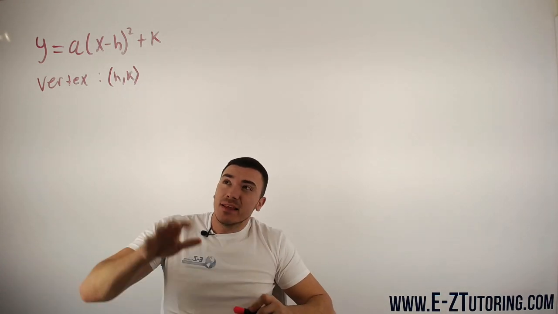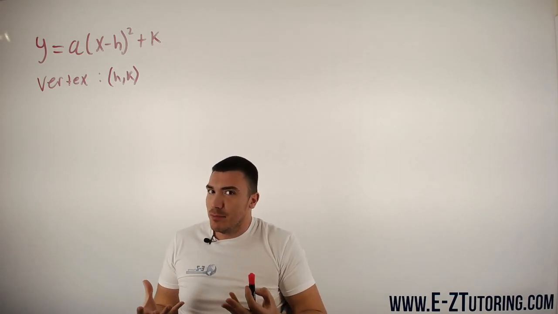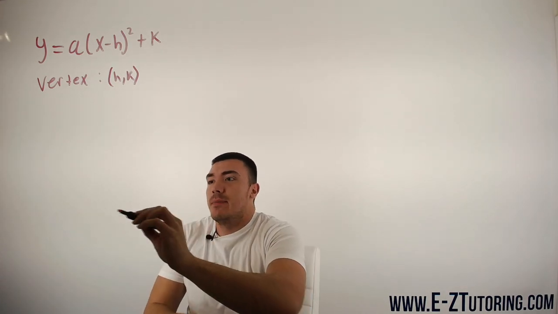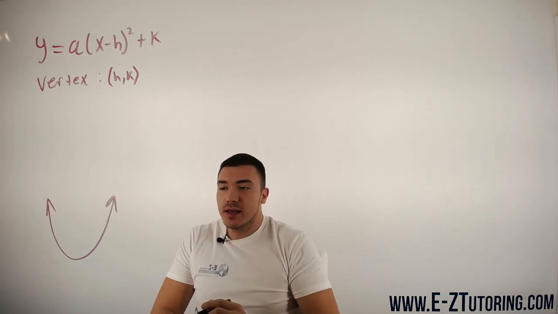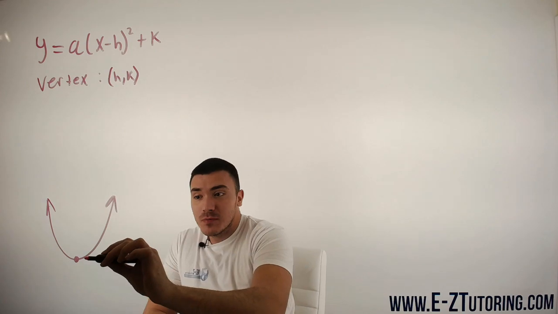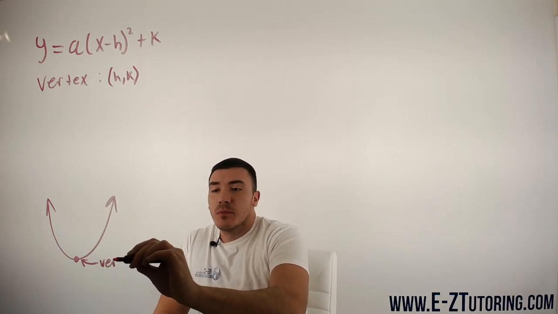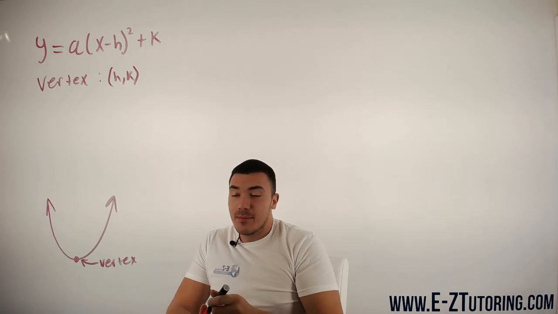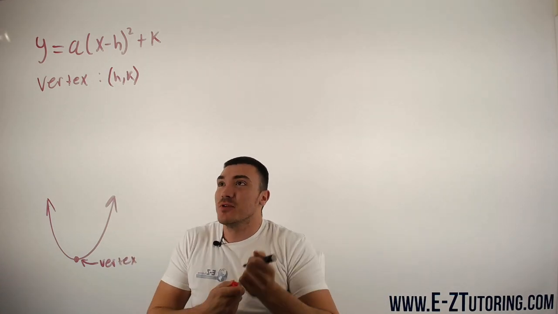Now, as I'm finding each one of these things, I'm going to cover what they actually mean, what they actually do on a parabola. So let's suppose we have a U-shaped parabola like so. Your vertex is just the bottommost point or the uppermost point of your parabola. And by uppermost point, I mean if your parabola is facing downwards. All right, that is our vertex.